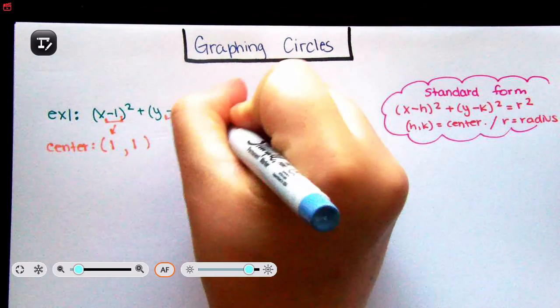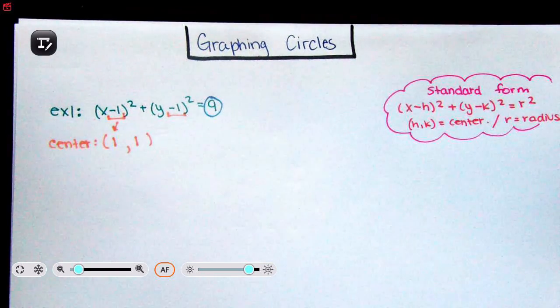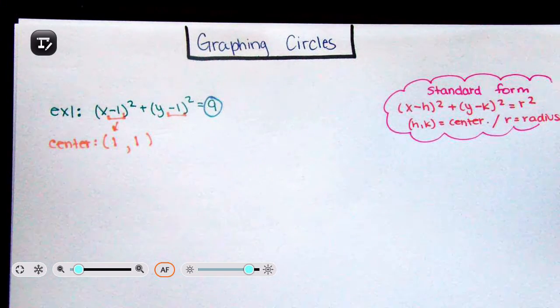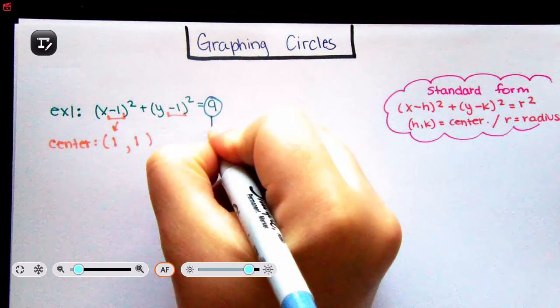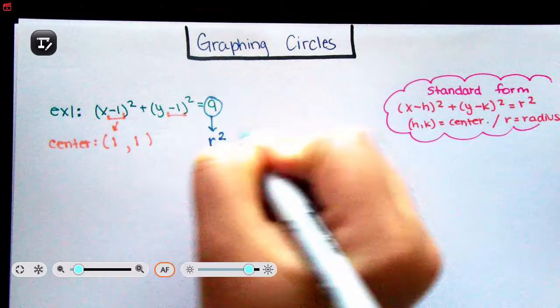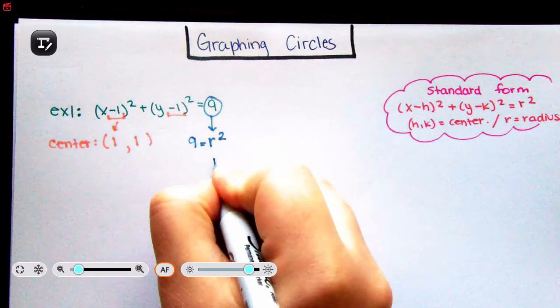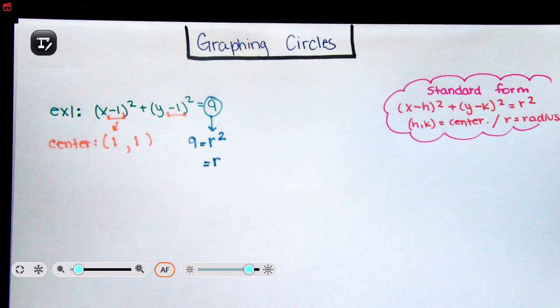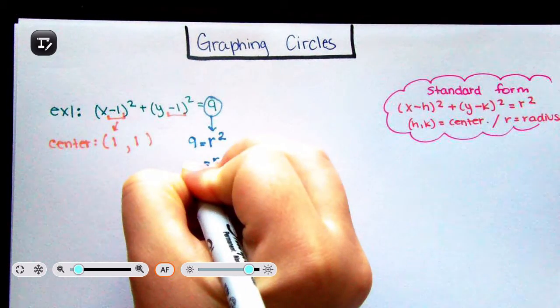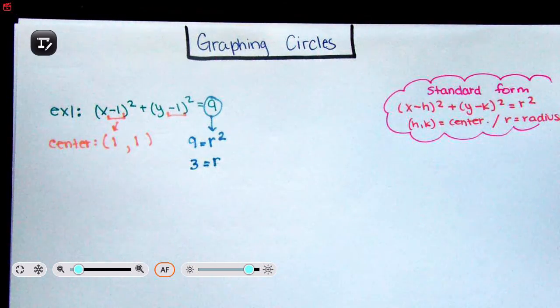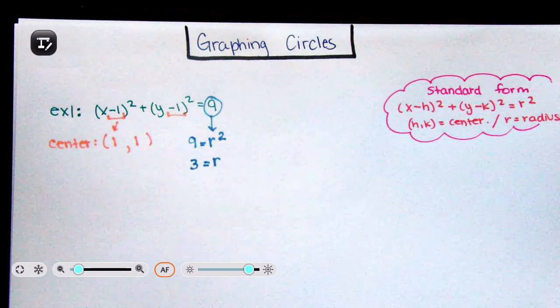For your radius, please do not make the mistake of calling 9 your radius. 9 is r squared. So 9 is equal to r squared. We want just r. So now we have it as 3. Now some of you might say, you took the square root, so where's the plus or minus?